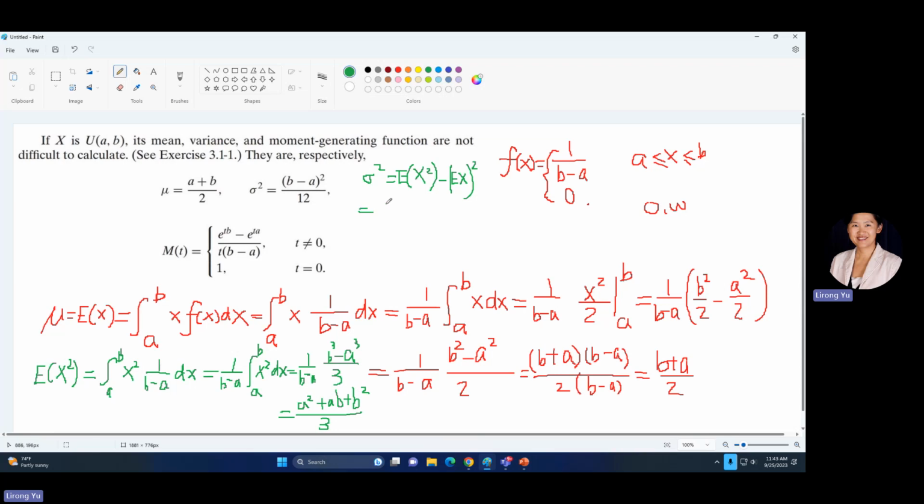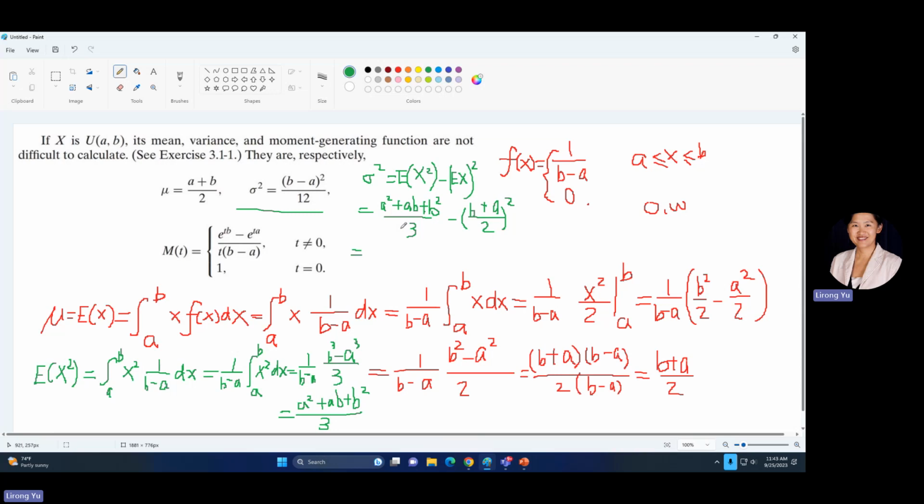So this is equal to a squared plus ab plus b squared over 3, minus b plus a over 2, squared. All right, if we square, 2 squared is 4, and this is b squared plus a squared plus 2ab. We're trying to verify that. Suppose this denominator is 3 and that denominator is 4, the common denominator will be 12.